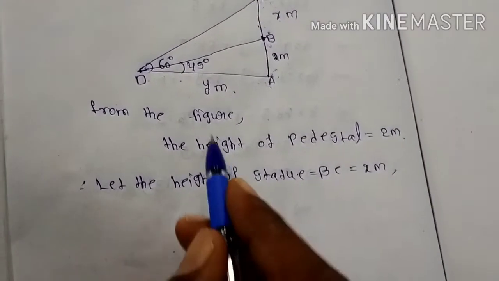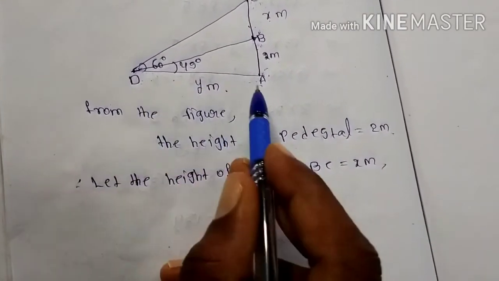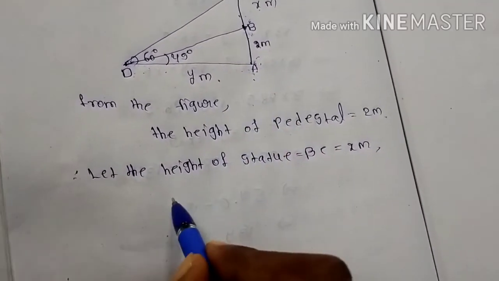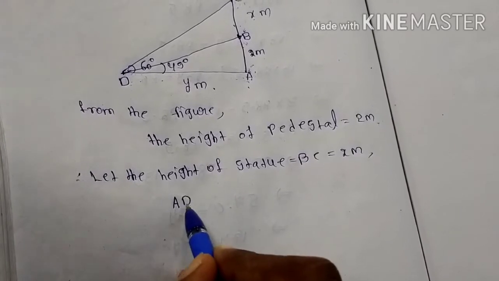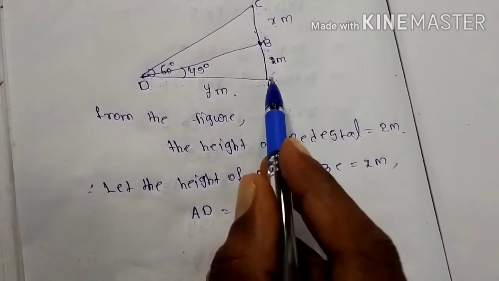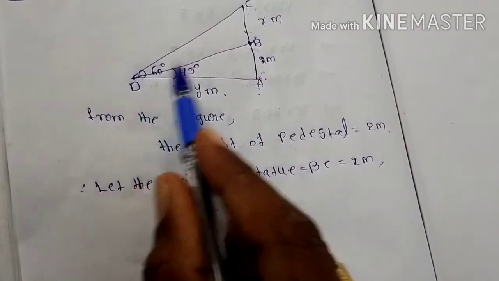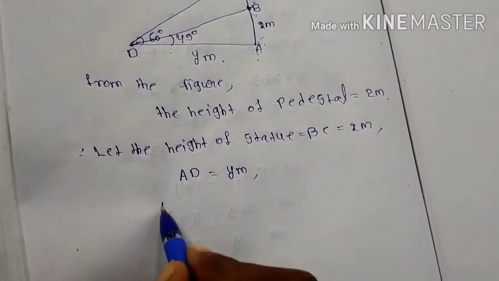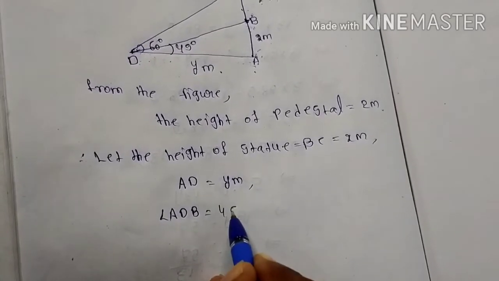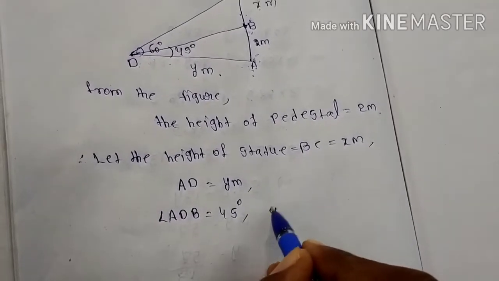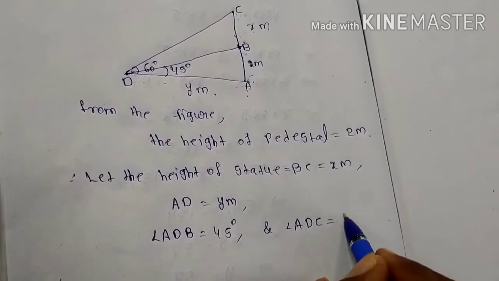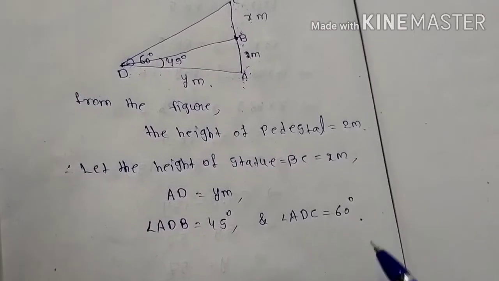Next, the distance between the point and the foot of the pedestal, that means AD, is equal to Y meters. Next, the angles of elevation: angle ADB is equal to 45 degrees, and angle ADC is equal to 60 degrees.